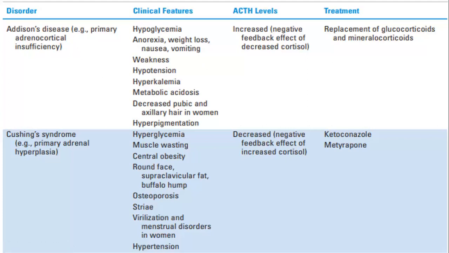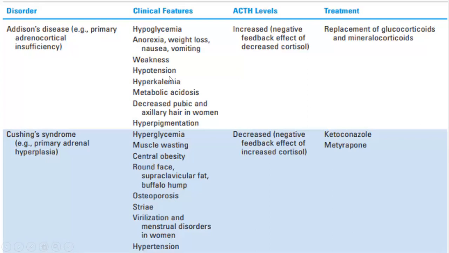And so, since you have decreased mineralocorticoid levels, this would result in hypotension. Okay? Because remember, your mineralocorticoid increases sodium reabsorption, thus in turn increases water reabsorption. And if you have a deficiency of this hormone, this would not cause sodium reabsorption, and so would not cause water reabsorption, thus decreasing the blood volume, resulting in hypotension.